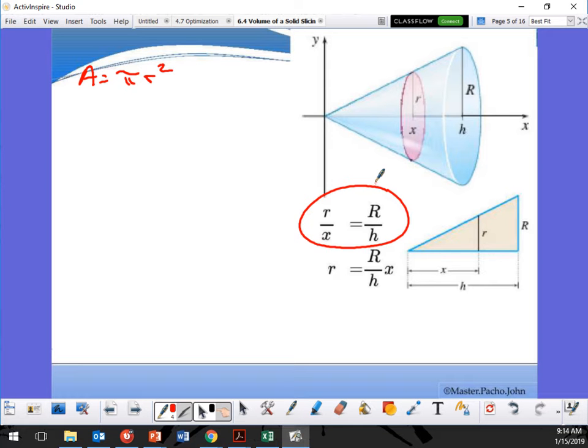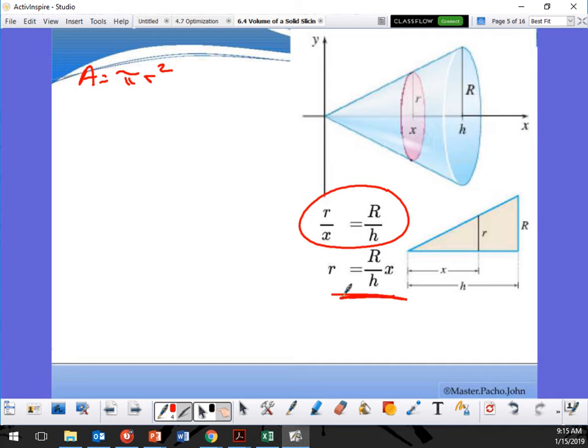We can go through and do cross products to get r by itself. So multiply both sides by r, and I should get this right here. Now I'm trying to verify that other thing, so let's replace r with what I just underlined.